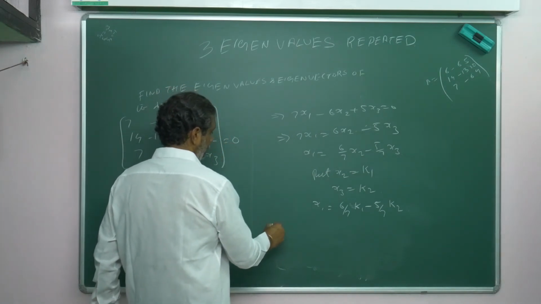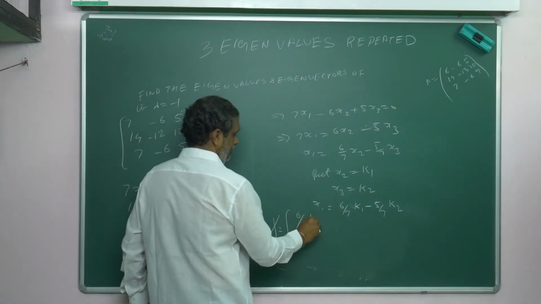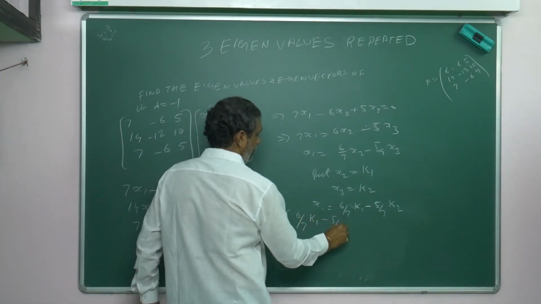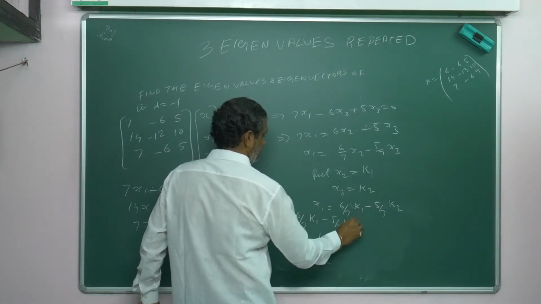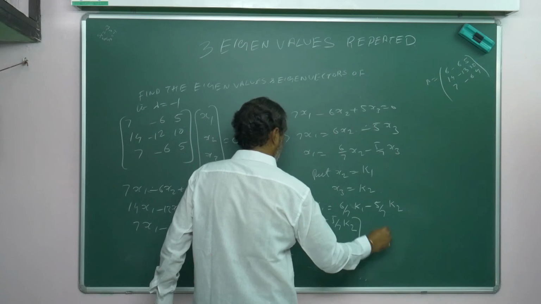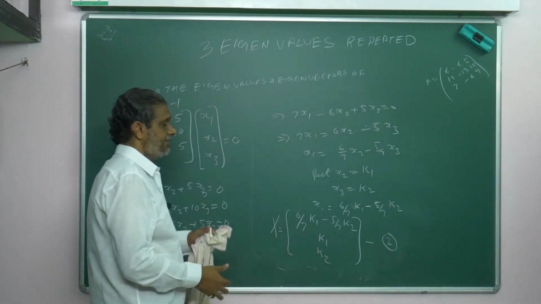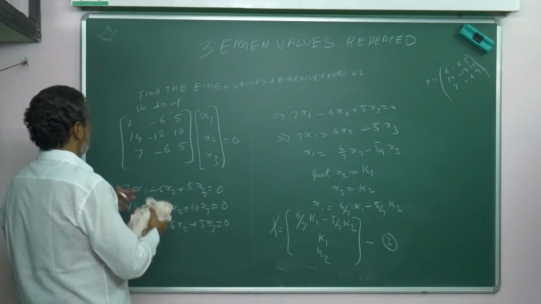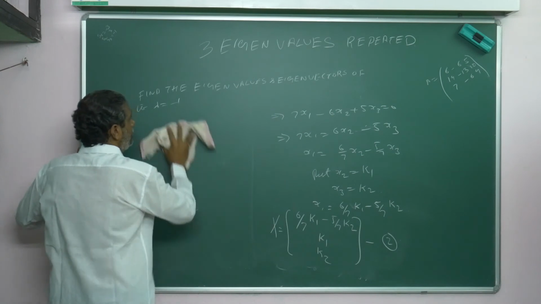Now what is my x? It is 6 by 7 k1 minus 5 by 7 k2, k1, k2. Now the first case and second case I already know. For 2 repeated roots I have done it. For the third case only, here is the new one.